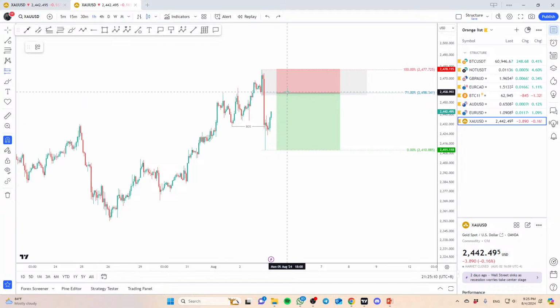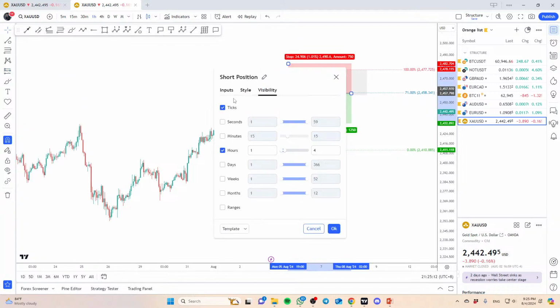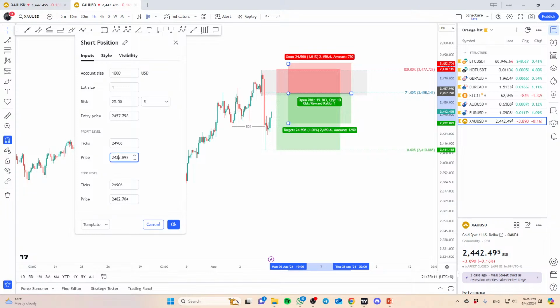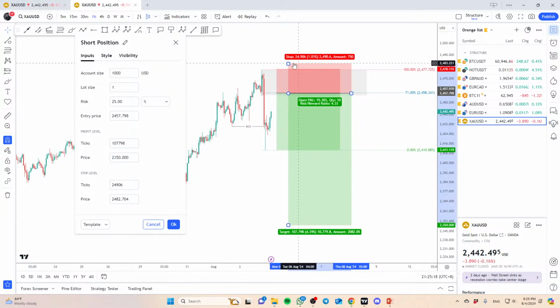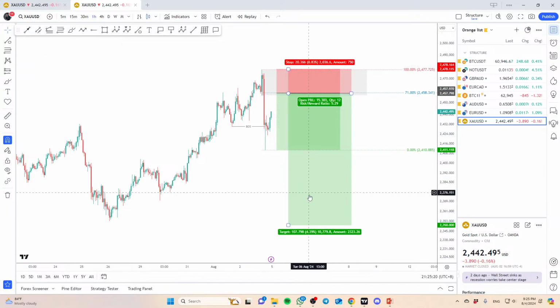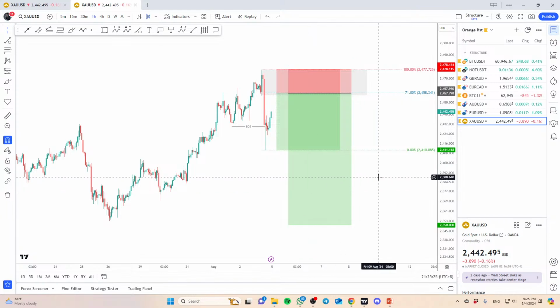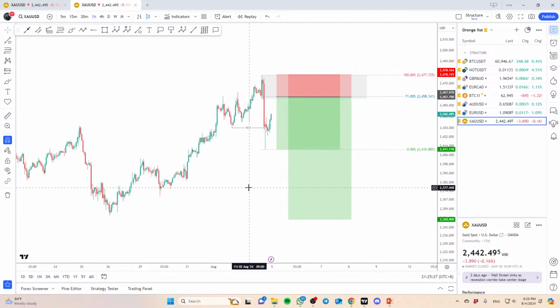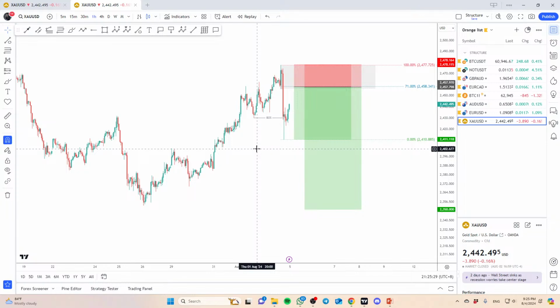Let me just show you another example. If you target another take profit at 2350, and of course your stop loss is about the same, that will give you a risk reward of about 1:5, which is very, very decent. So you may have 2 targets you can look out for, TP1 and TP2.